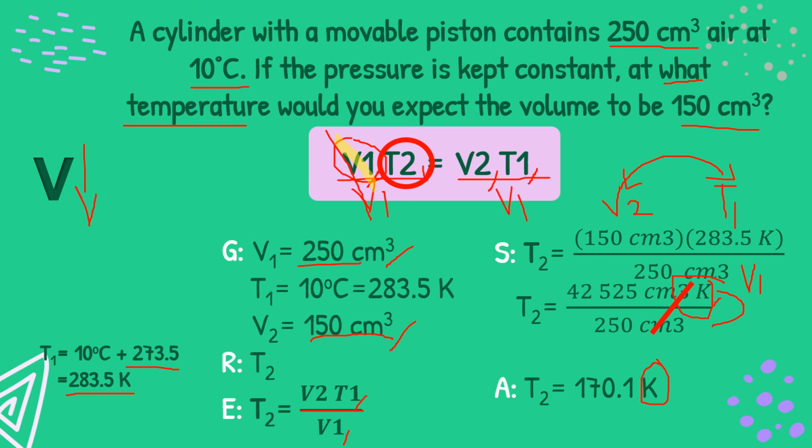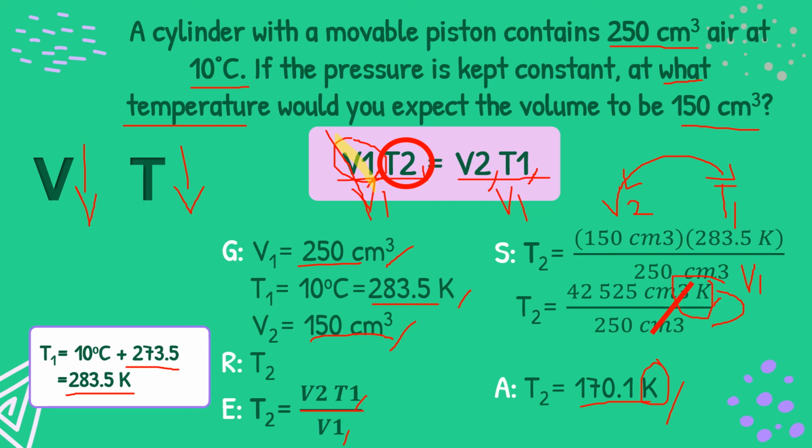Now for temperature, from 283.5 Kelvin, it changes into 170.1 Kelvin. So from 283.5 to 170.1 Kelvin, the temperature decreases. So Charles states that as the volume decreases, the temperature will also decrease, or they are directly proportional to one another.